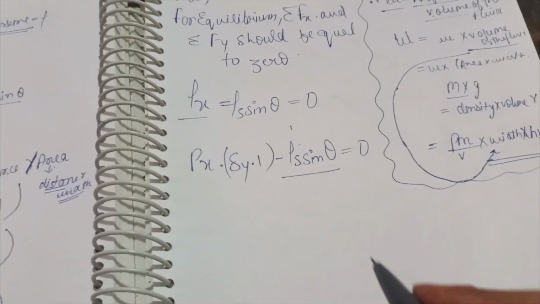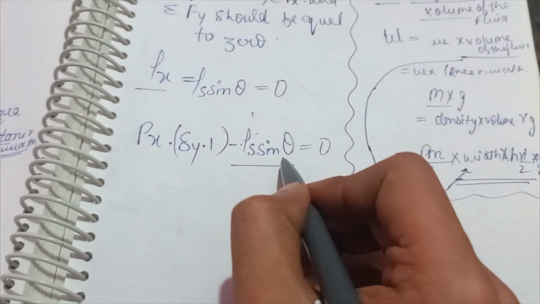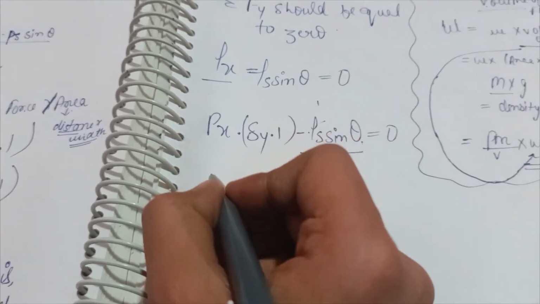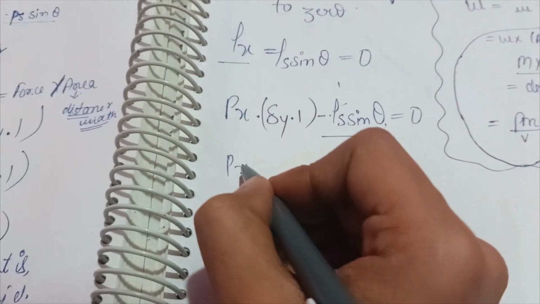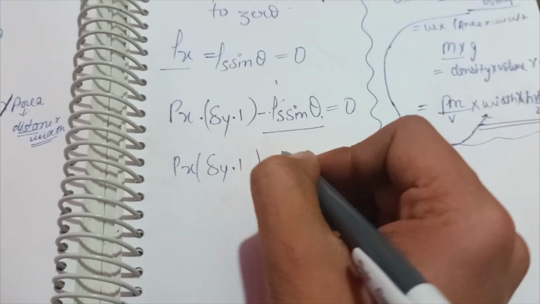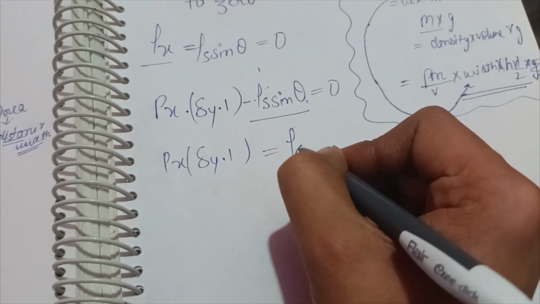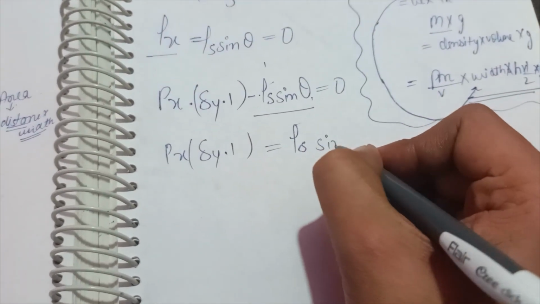To simplify that part, let's take minus Ps sin theta to the other side. Px delta y with 1 equals Ps sin theta.